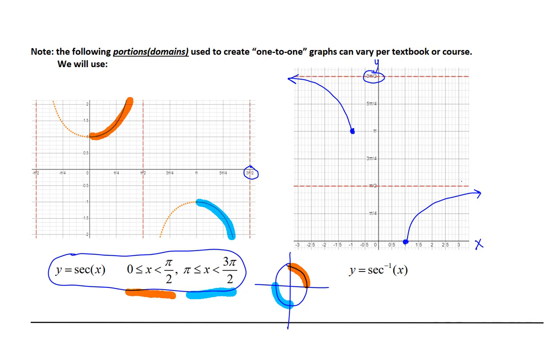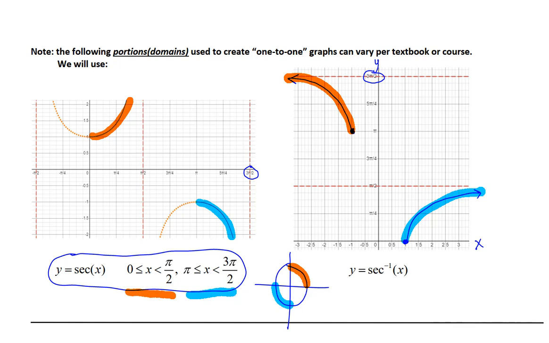And so what you see are some interesting and slightly disorganized looking pieces, but let me color coordinate this to see if we can get this looking more familiar from what we were just seeing. If I color the first branch I drew orange, you can kind of see where that corresponds to the orange graph from the original secant function that we chopped. And likewise, I'll color the other branch blue.